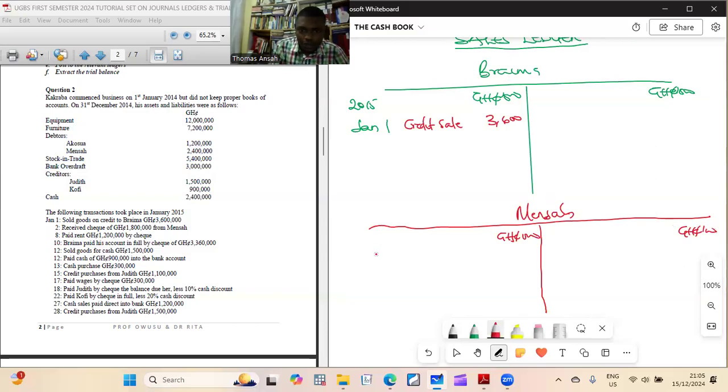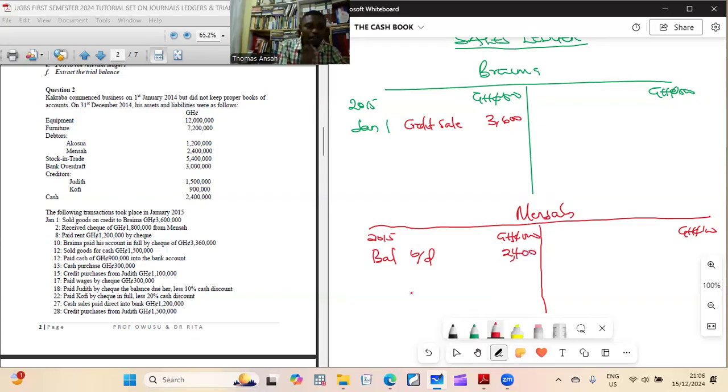So we have balance brought down. So we are having 2015, right? Balance brought down. Mensa has a balance. How much is his balance already? 24. Is it 2,400? Yes, 2,400, not 24,000. So that is what you have.